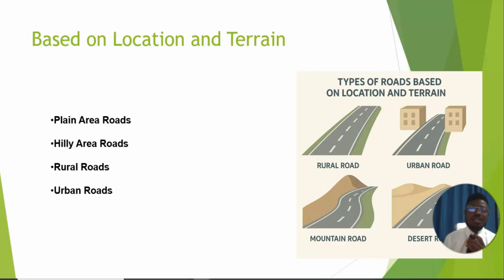We know that they include additional elements like the sidewalk and the traffic signals. They require a whole lot of a traffic system, because of the level of use and the structure of those roads. So these are the types of roads based on the locations and the terrain.